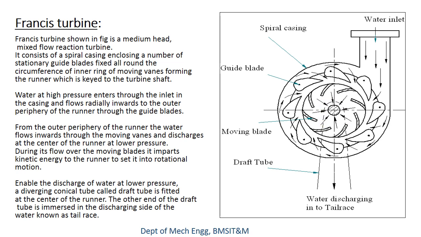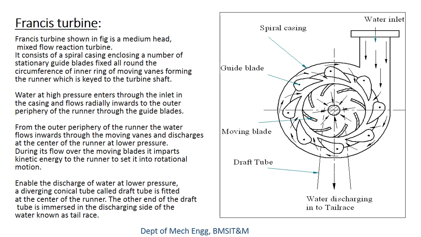This draft tube has a narrow region at the turbine end. As it moves below, the area of the draft tube increases. The other end of the draft tube is submerged in water in the tail race. That is, we have water up to this region. So there is a low pressure created in the draft tube. But on the other hand, we have water flowing at high pressure.